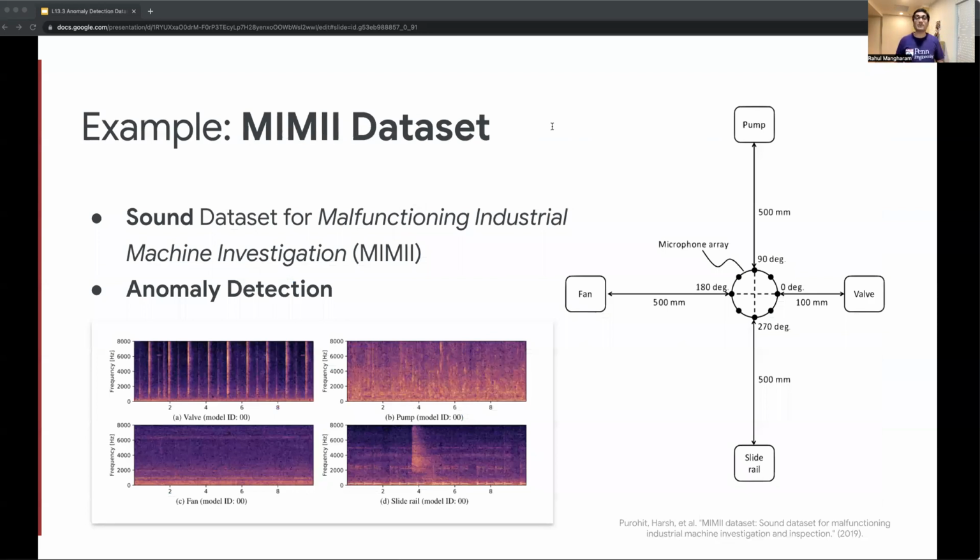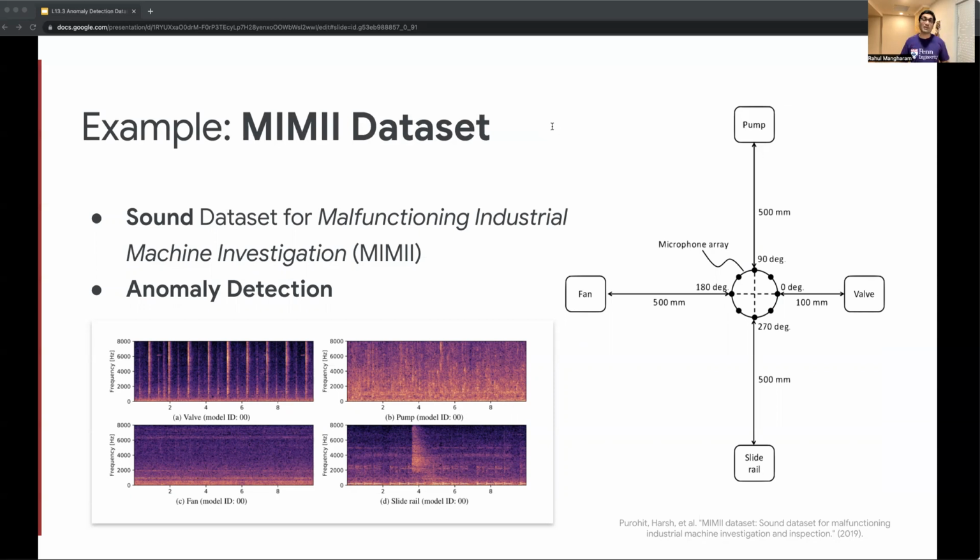So there's been a lot of interest in the community to try and build data sets for anomaly detection, specifically around sound. I'm actually going to introduce sound here because we've done stuff around sound and audio. Here's the MIMII data set that you should know about. It's a data set that's specifically designed for malfunctioning industrial machine investigation.